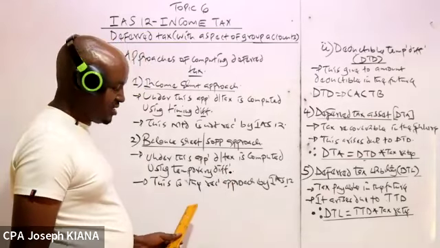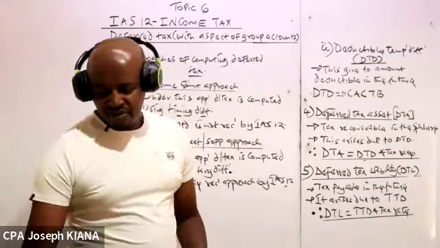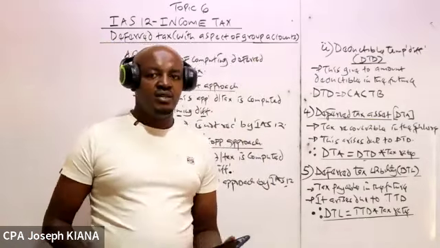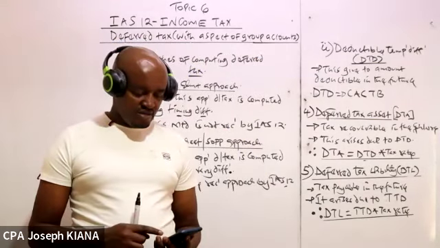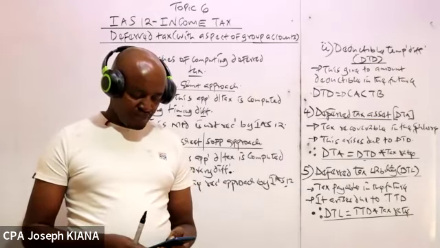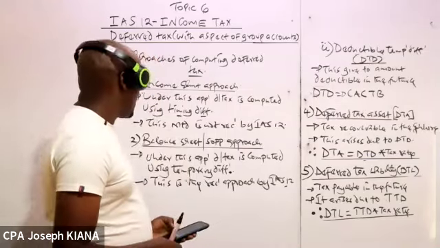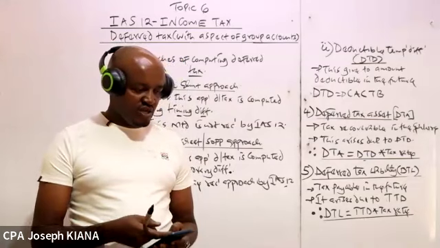So those are basically the two approaches which can be used by companies in computing deferred tax: the income statement approach, and also the balance sheet approach.